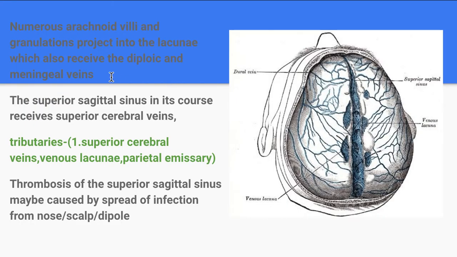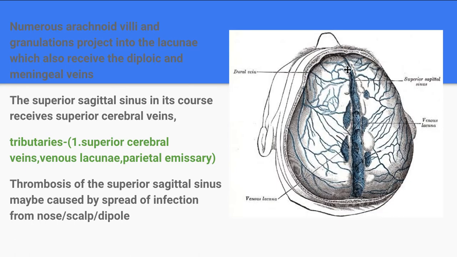Its tributaries include numerous arachnoid villi and granulations. So, as I told you, the projection of the arachnoid mater into the dural venous sinuses, those are the arachnoid villi, also called the venous lacunae. So, numerous of those project into the dural venous sinus, and they also receive diploic and meningeal veins, and superior cerebral veins.